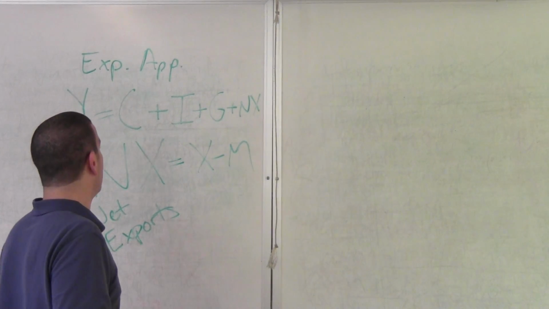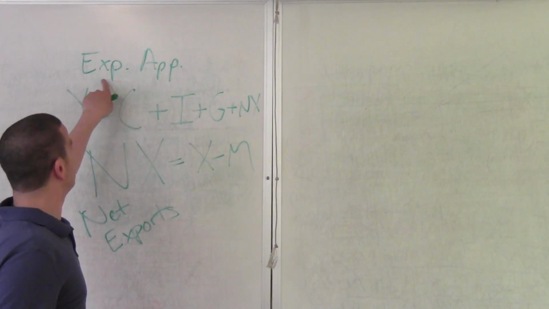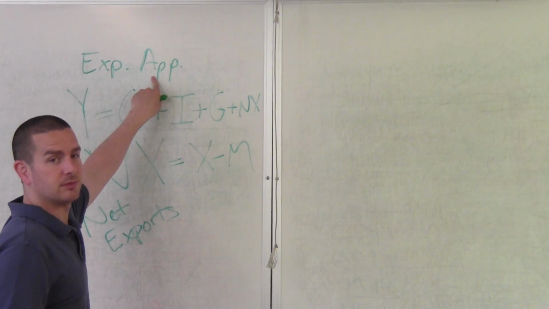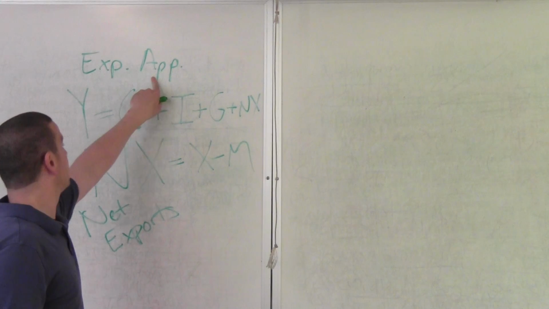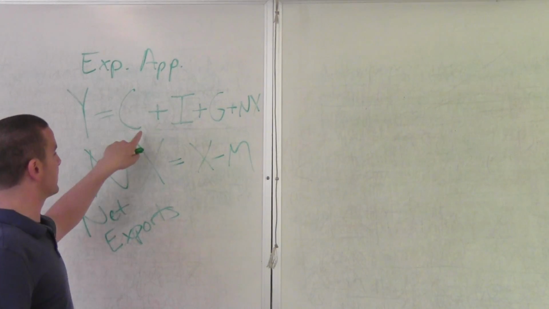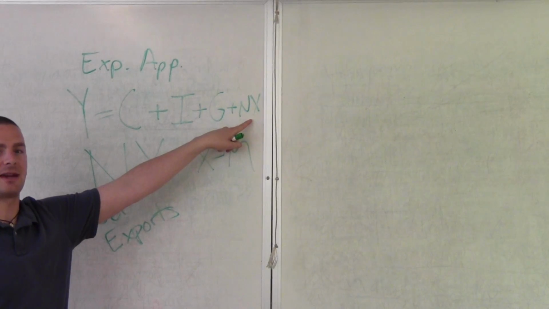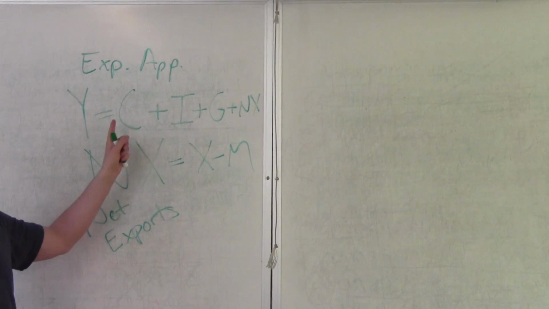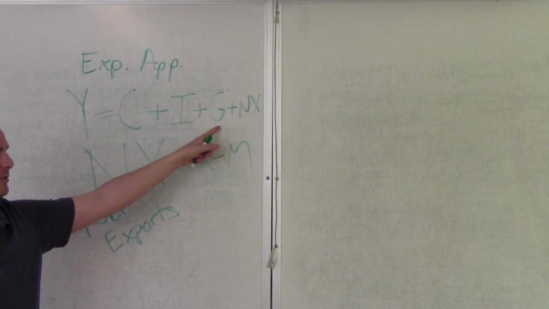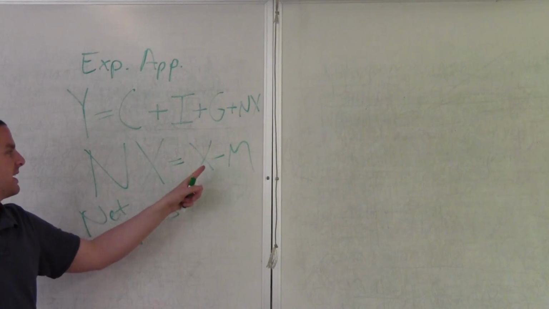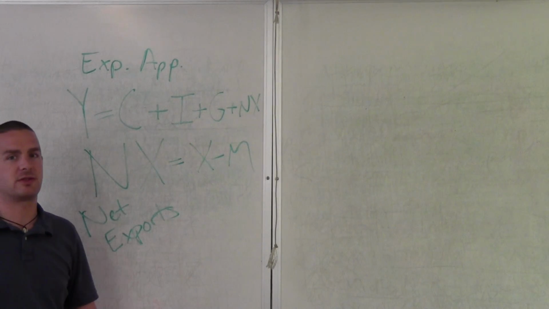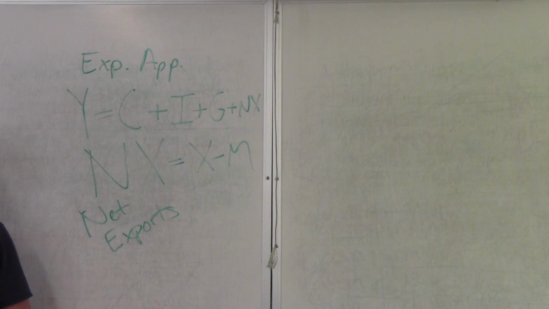The expenditure approach to GDP is Y equals C plus I plus G plus NX: consumption plus investment plus government spending plus exports minus imports. That's the expenditure approach.